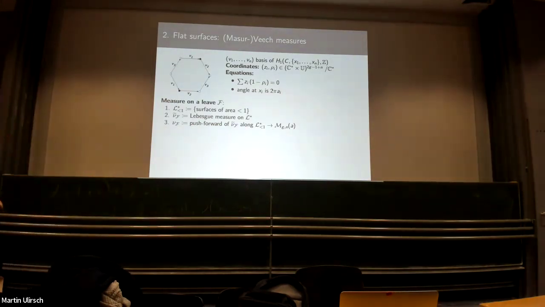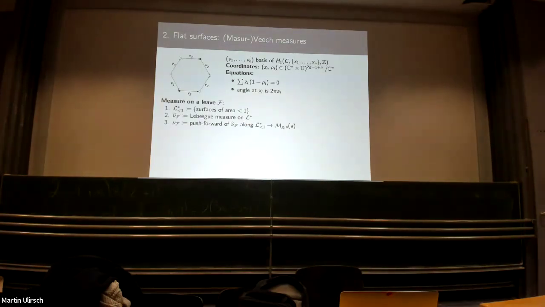I consider then the Lebesgue measure on L star. What do I mean by the Lebesgue measure? On these leaves, we have fixed completely the rho_i part, so I am just filling the z_i coordinates. I take the standard Lebesgue measure in the z_i coordinates, so dx dy. Then I push forward this measure, forgetting the line model, going to M_{g,n}(a).